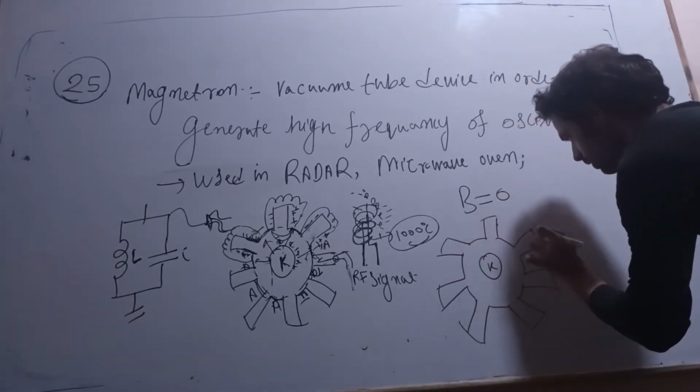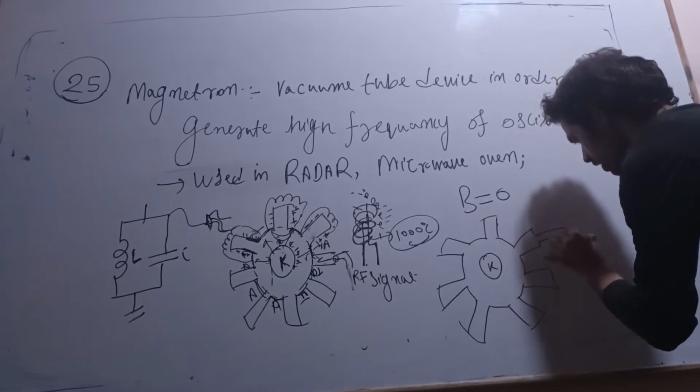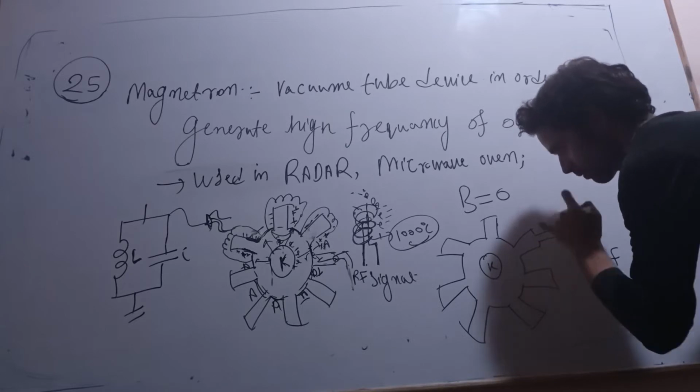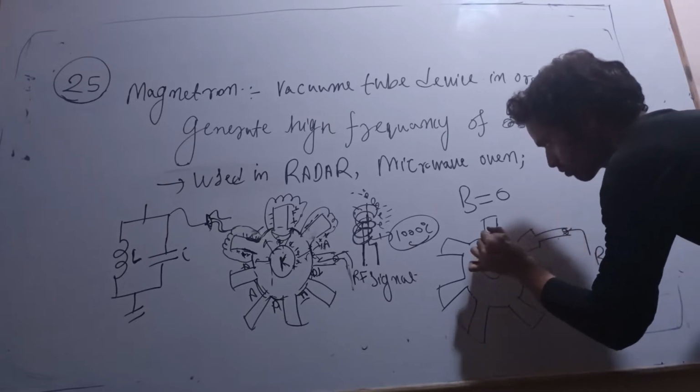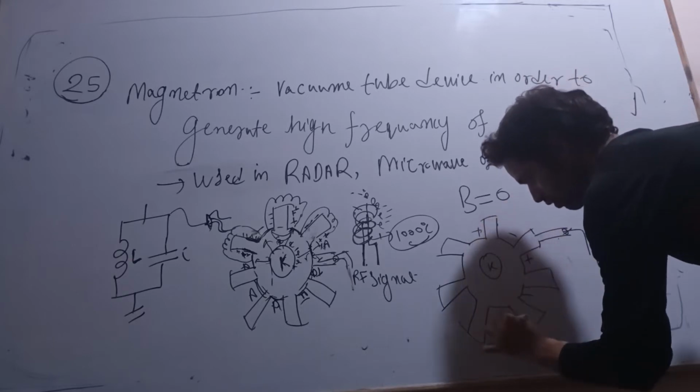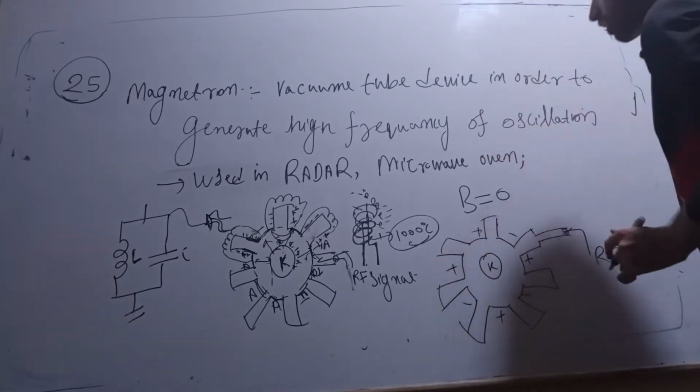Now once we enter the RF signal from this portion of the cavity, there is a generation of, let us say, positive, negative, positive, negative, positive, negative, positive.